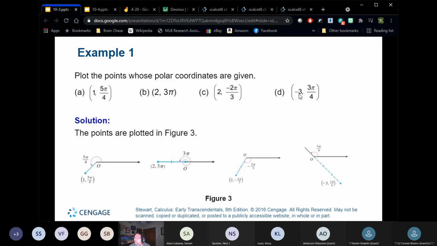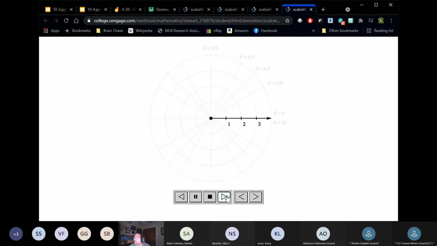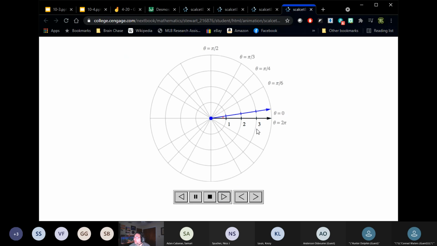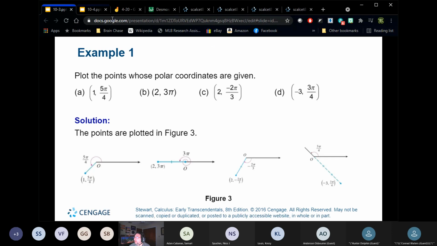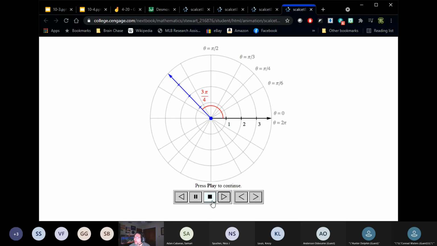Now the last one is negative 3 as my radius and 3 pi over 4. So now we're looking at this one. We graph our original function, that's my original theta. And then when I want negative, the negative goes the other direction.